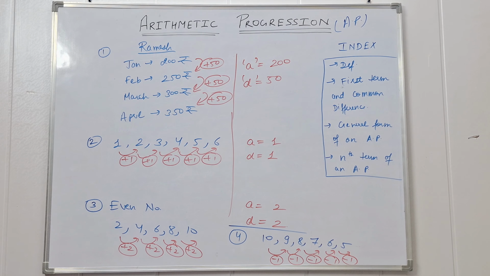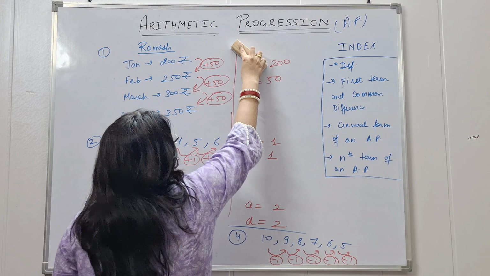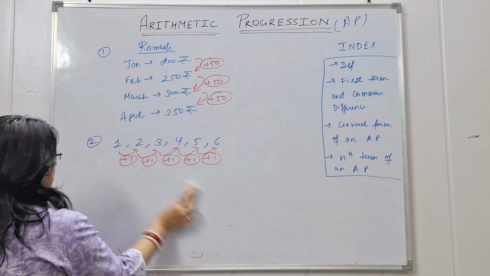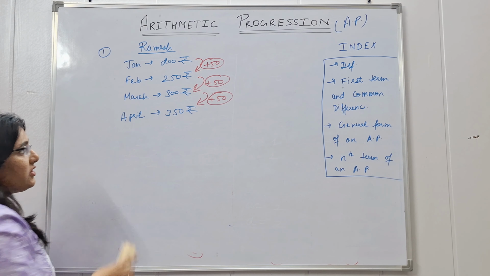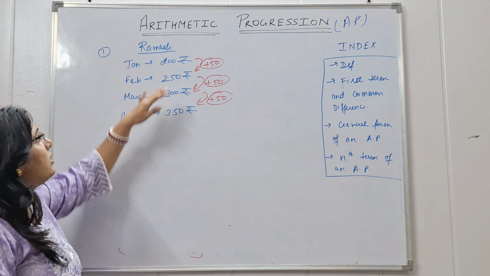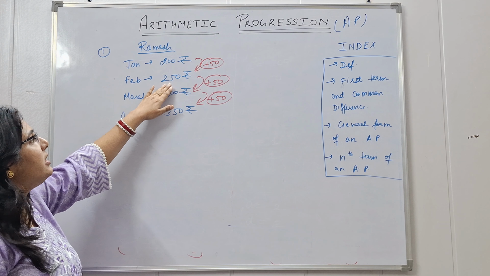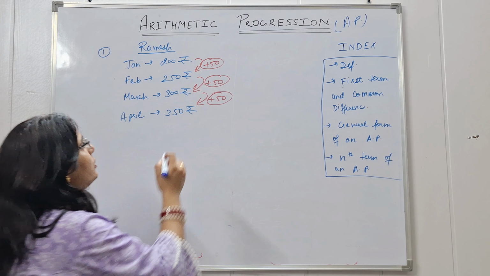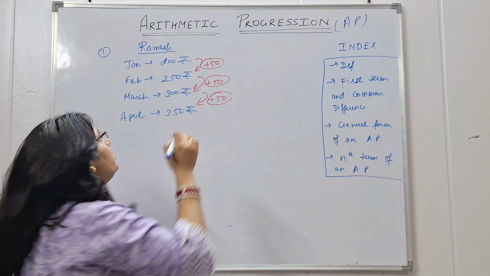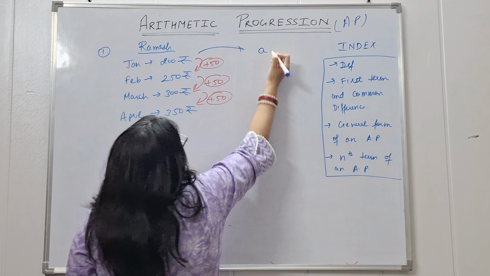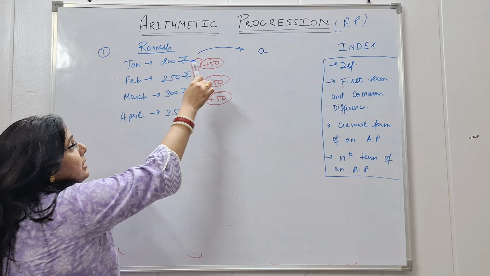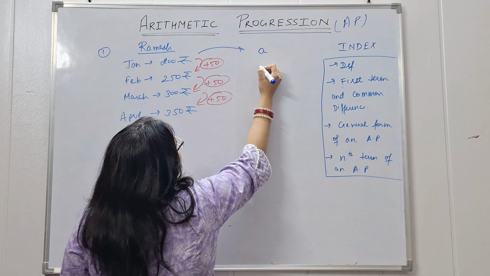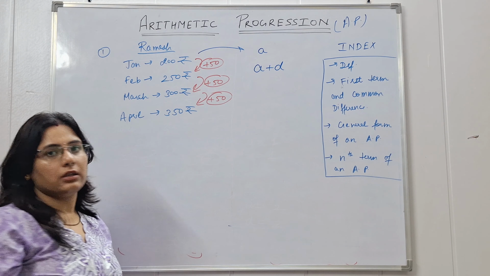Now we will understand about the general form of an AP with the help of the first example, that is of saving. In this first example of saving, we have seen that the first term was 200, then 250, then 300 and then 350. We already learnt that the first term was 200, so we will name this 200 as A. Now in the first term, this common difference D was added to obtain the second term, so the second term will become A plus D. Clear?